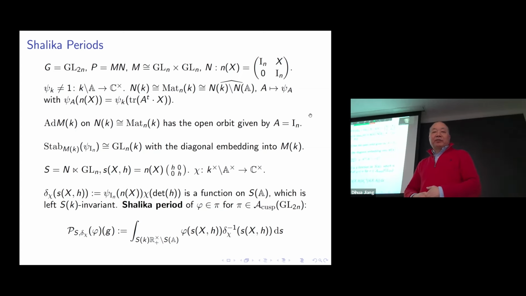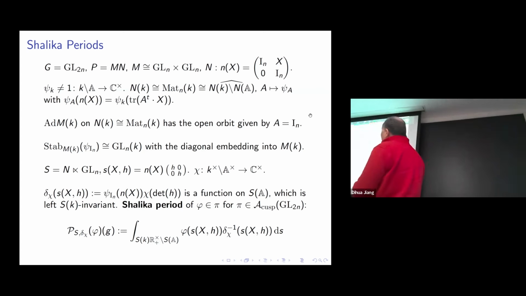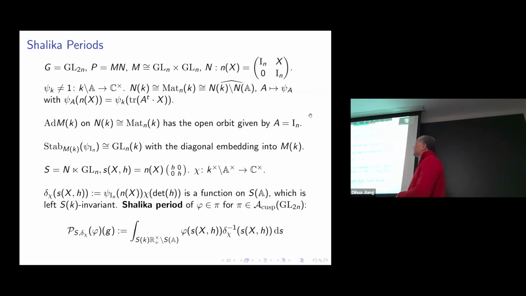According to the Pontryagin duality, the character of this adelic group modulo rational is given by a matrix A of the same size. The correspondence is that the character psi_A is given by the trace of A transpose, because this is like a Killing form duality, right? So the character is a coadjoint orbit.